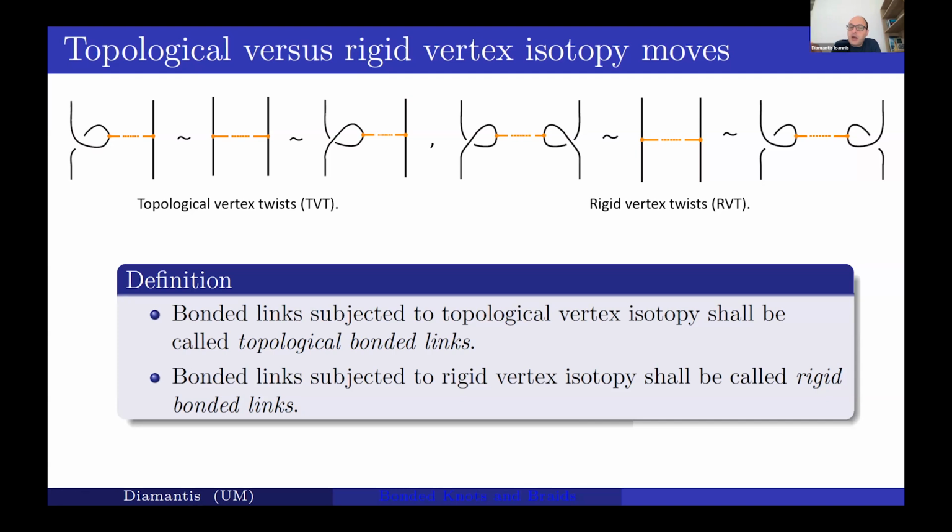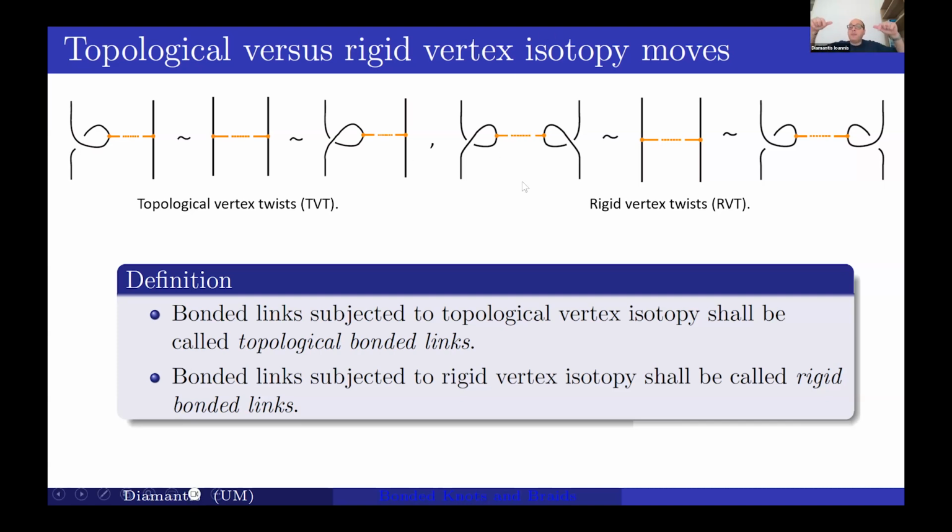And we will distinguish from now on the bonded links into two categories. Let's say those subjected to topological vertex isotopy, we will call them topological bonded links. And those subjected to rigid vertex isotopy, we will call them rigid bonded links. So there are two types, rigid and topological vertex isotopy bonded links. These two differ only by these two moves.